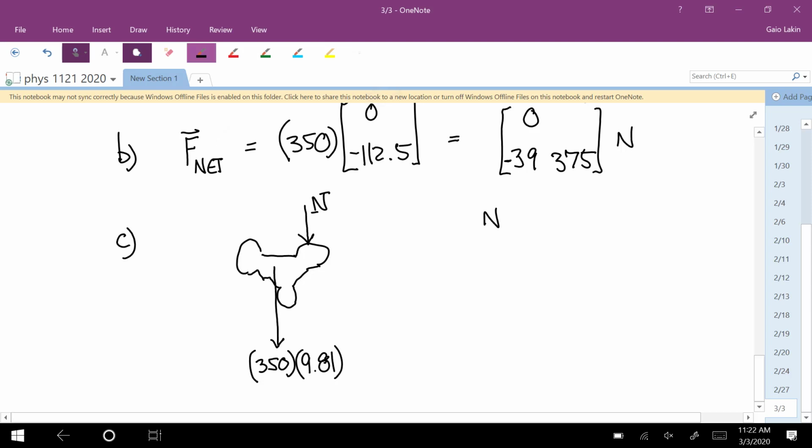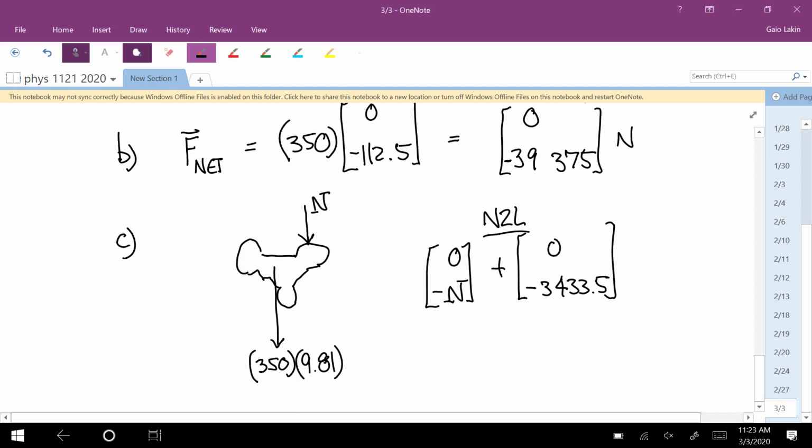So Newton's second law says 0, negative N plus this weight force. What's 350 times 9.81? So 0, negative 3,433.5, and these have to equal the mass times the acceleration.